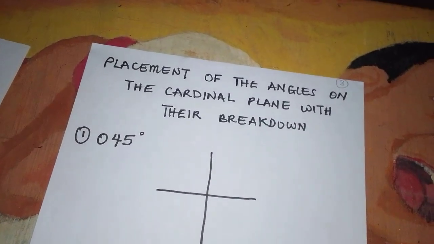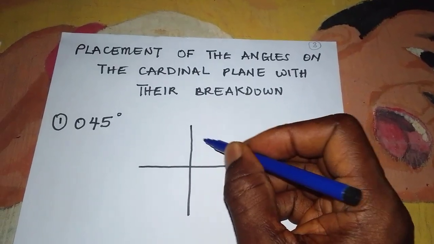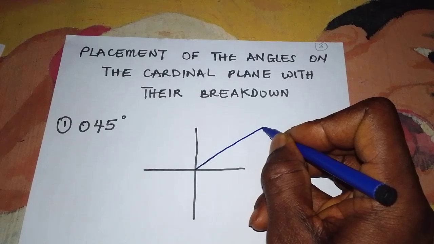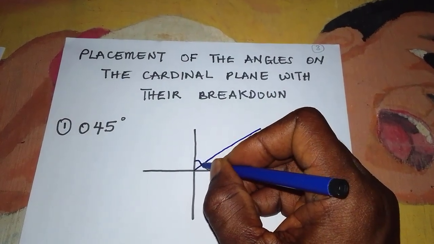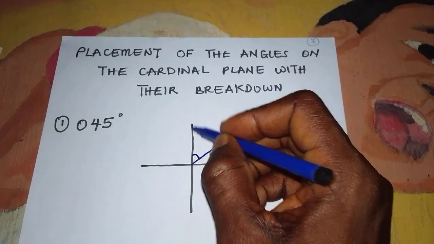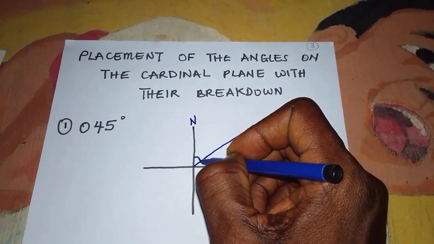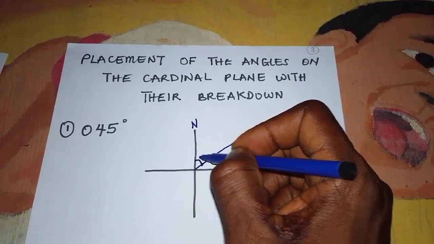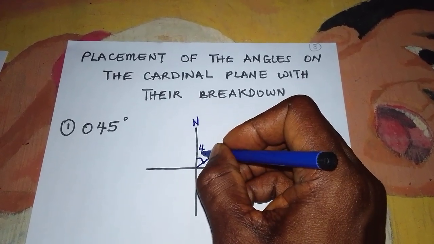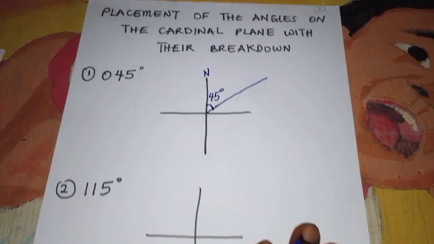So you rule your line here. So this angle is in the first quadrant. It starts from the north pole, and from this north pole to where you rule this line, that is for angle 45 degrees.